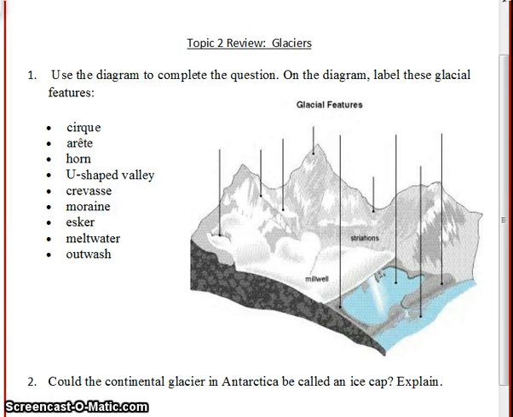Hi there. Let's do your review sheet on glaciers by labeling different glacial features according to this diagram. So a cirque is almost a bowl-shaped basin, so this would be a cirque right there.